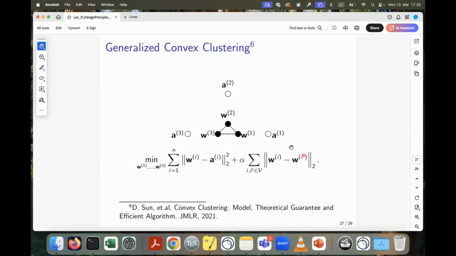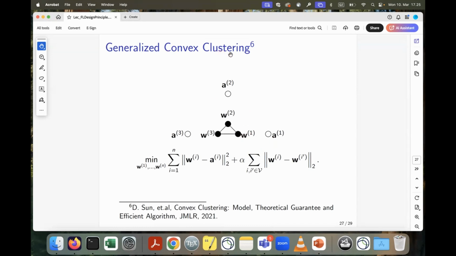So the second term here, this total variation term, measures the discrepancy or the non-clusteredness of the model parameters. And the first term measures the pulling away of these model parameters from the original data points. So these model parameters should be close to the original feature vectors, but at the same time should be clustered.